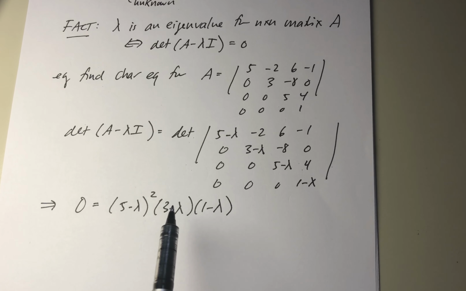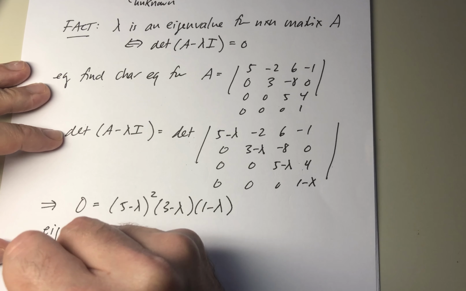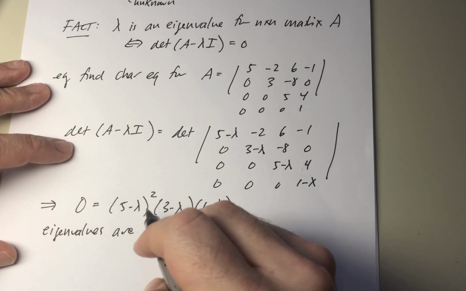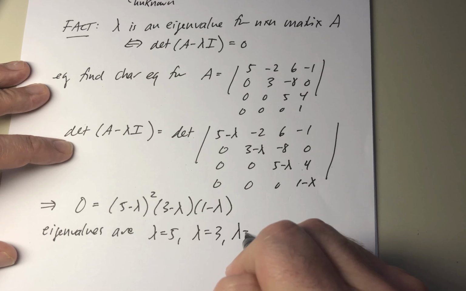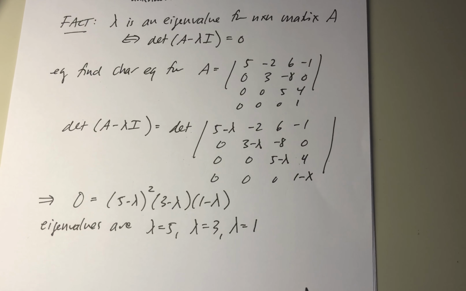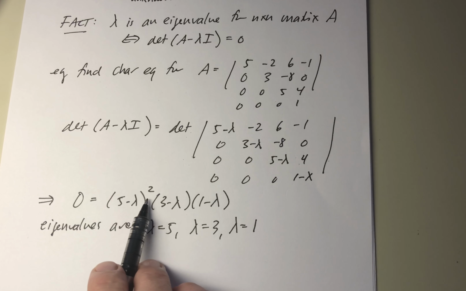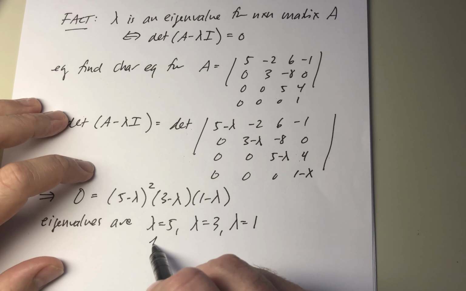And the eigenvalues here are lambda equals 5, lambda equals 3, and lambda equals 1. But notice there's more information now: in my characteristic equation I had powers associated to each of these roots. So we keep track of that.